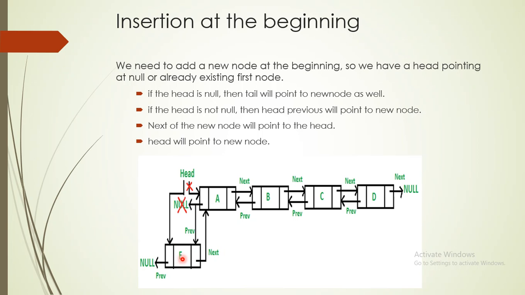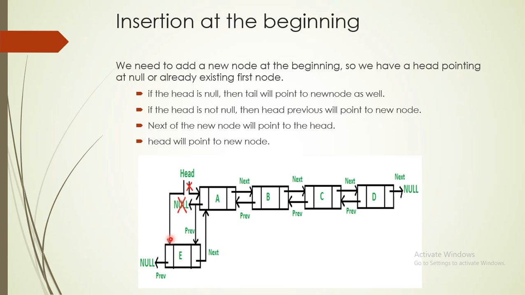Then the new node's next will start pointing to head, that is E's next will be pointing to A. After that, head will stop pointing to the earlier first node and it will start pointing to the new node.